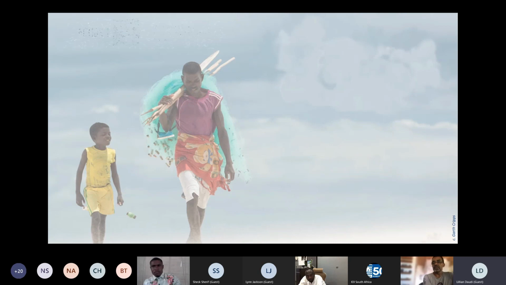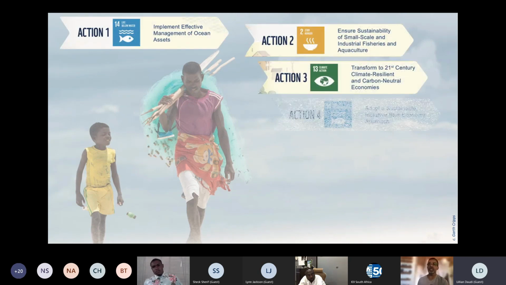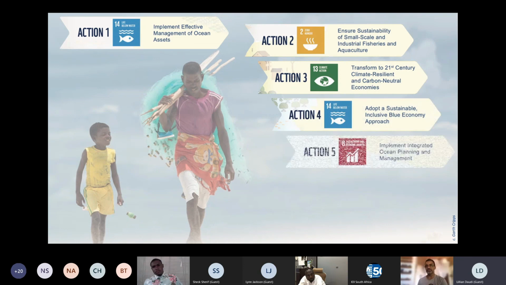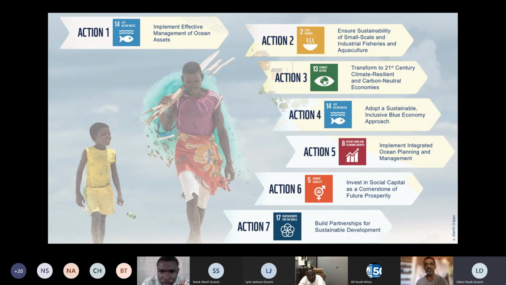So we identified 7 priority actions, and we attached them each to a sustainable development goal as their flagship goal. And I won't go through them in detail, and just to bring us back to the earlier part of my presentation, this is the last slide that I have.